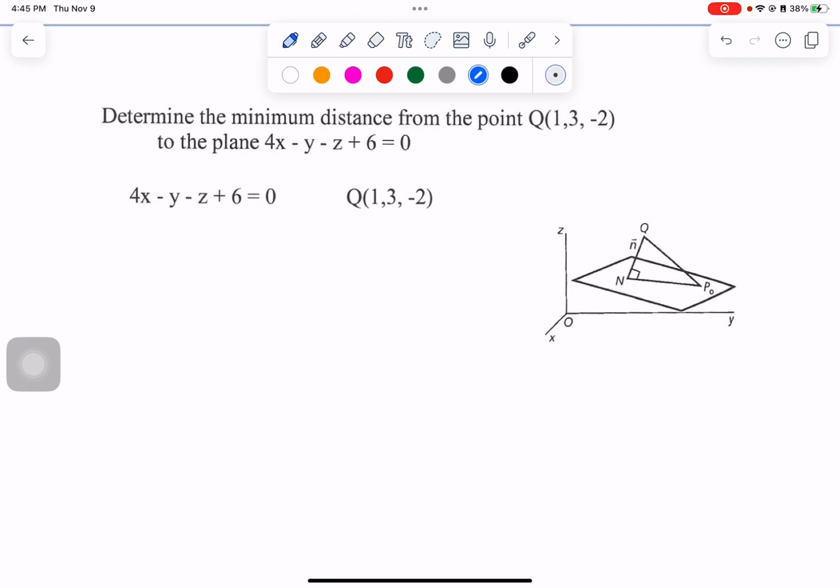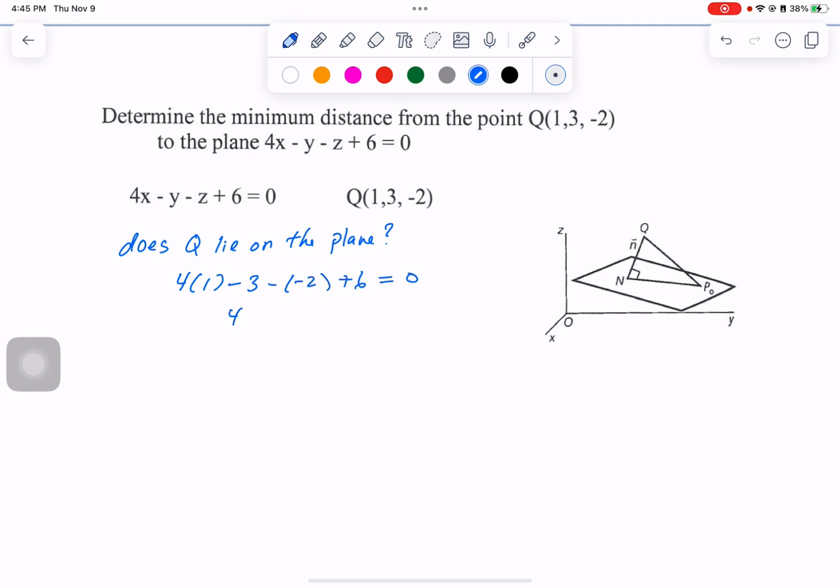So let's see. Does Q lie on the plane? It would be 4 times 1 minus 3 minus 2 plus 6. And that would be 4 minus 3 plus 2 plus 6, and it does not equal 0.